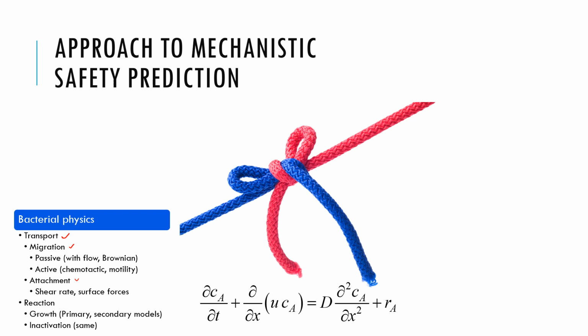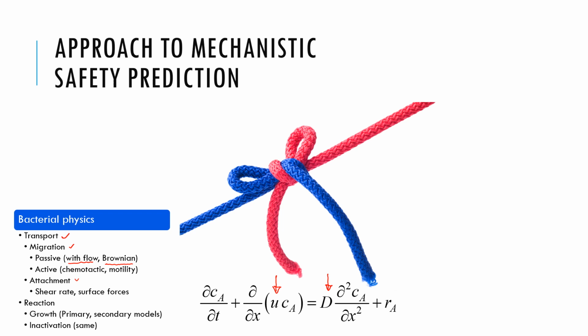Now migration, bacterial migration can be passive with flow. So if it is passive with flow, it's a directed motion, it becomes part of the velocity in the transport equation. Or if it's passive and random, like Brownian motion, that becomes part of the diffusion term.